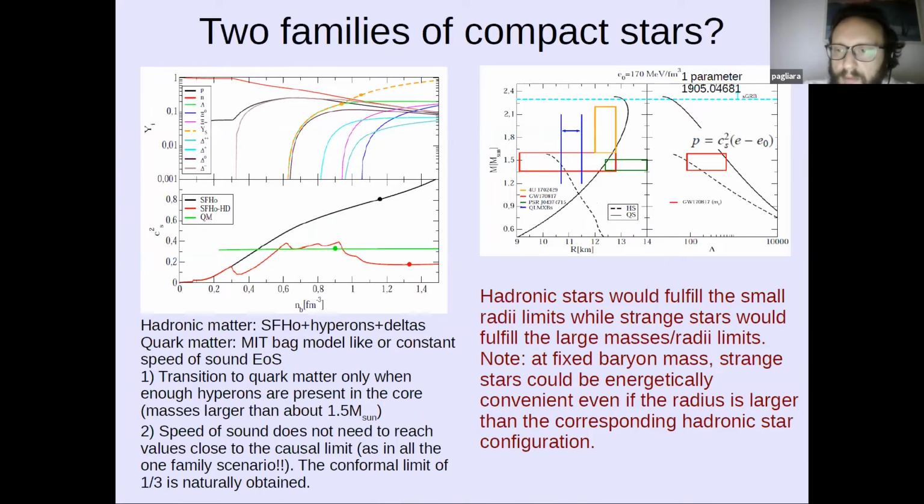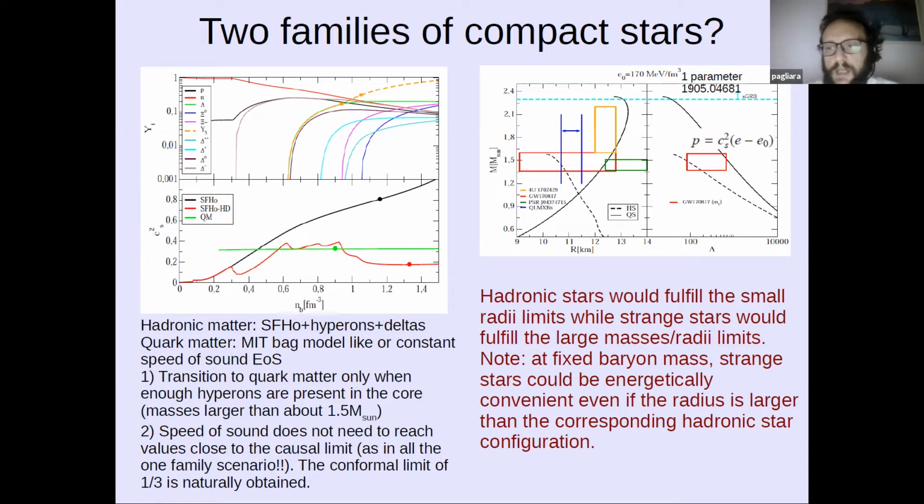Now, as I said before, by collecting all the data and all the information, it seems that sometimes it's stiff and sometimes it's soft, and that's why we have provided an interpretation a few years ago in terms of 2 families of stars.